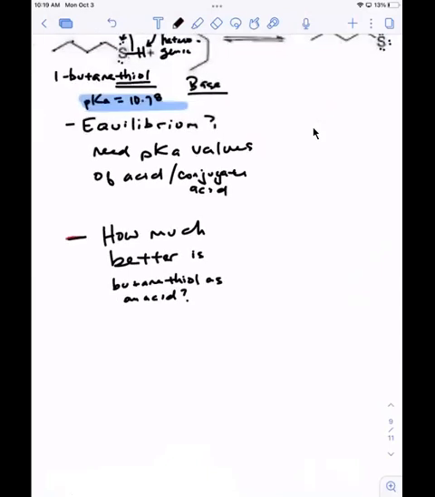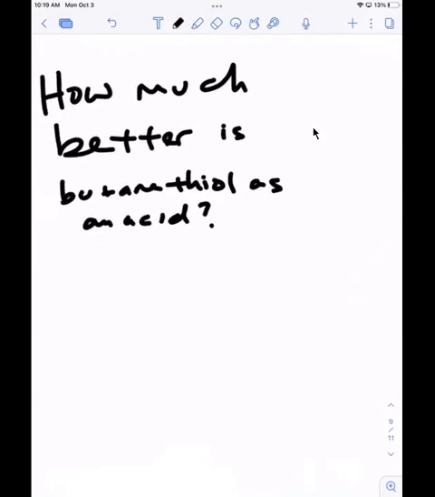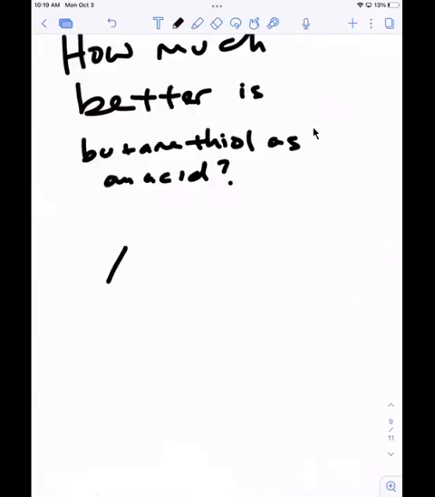What was the little formula we used for that? Anybody remember when we talked about acids and how much more acidic one acid is than the other? How do we determine that? 10 raised to the difference in pKa values. Good, excellent.